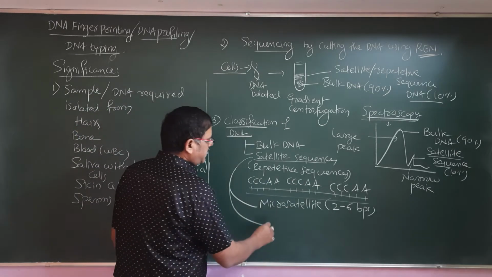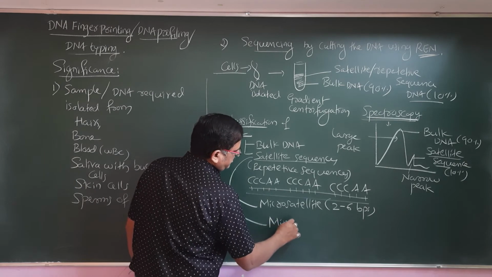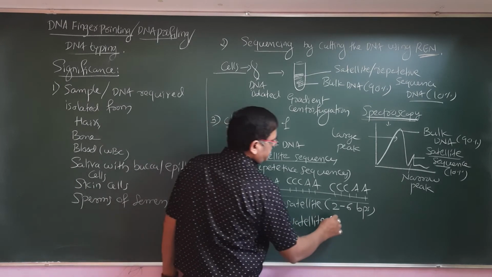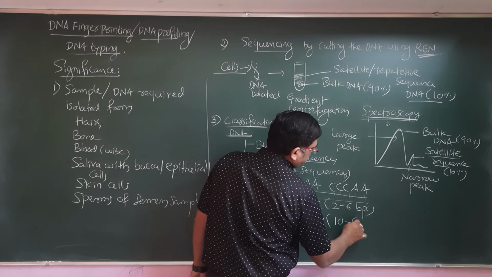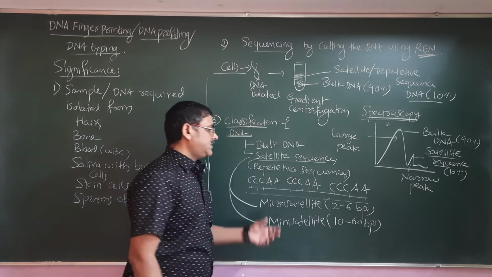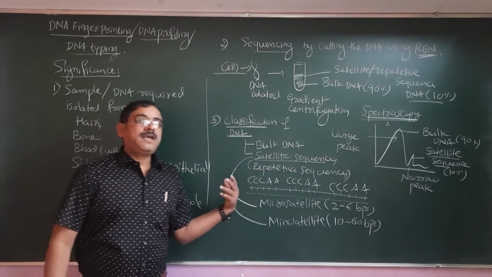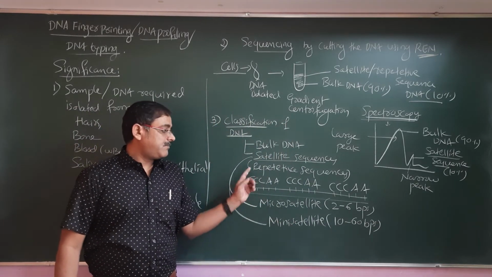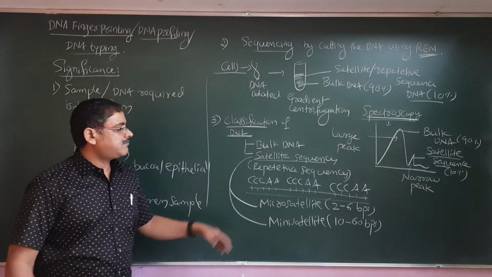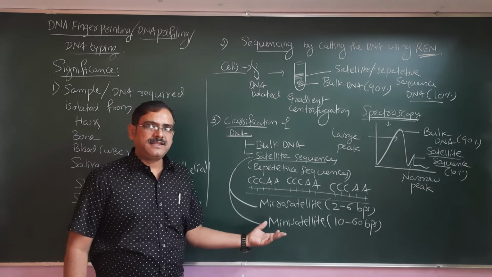And then the minisatellite sequence, which is 10 to 60 base pairs. Thus the repetitive sequences can vary in their length. They may be microsatellite or minisatellite. Our target is micro or minisatellite only.